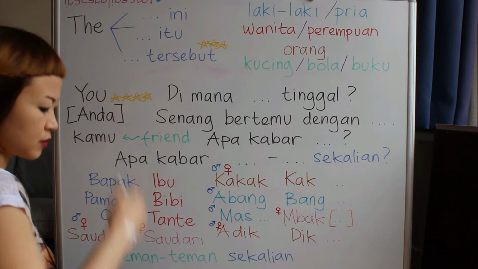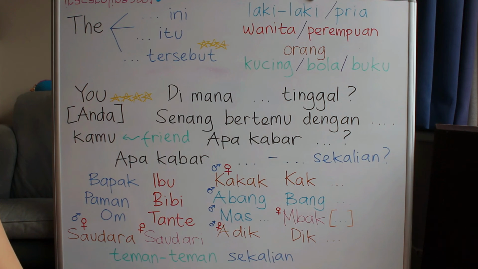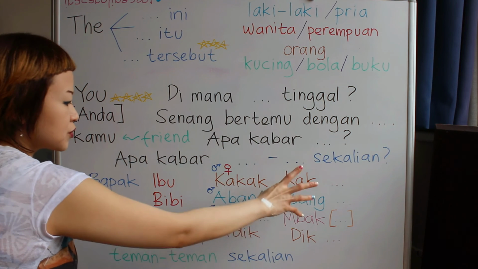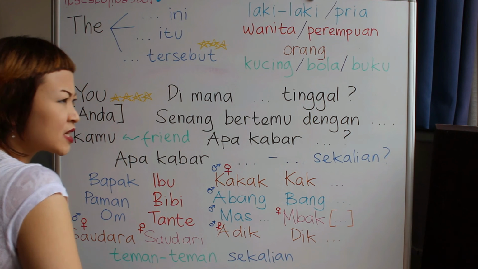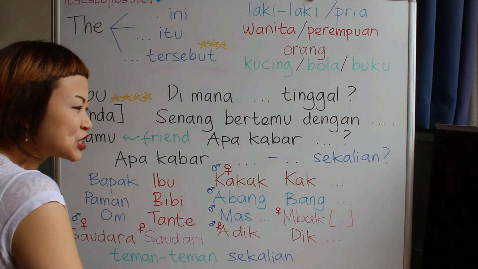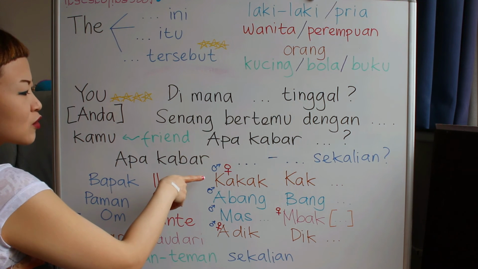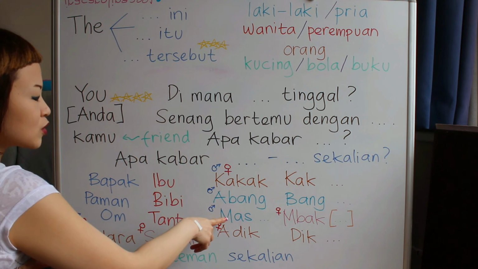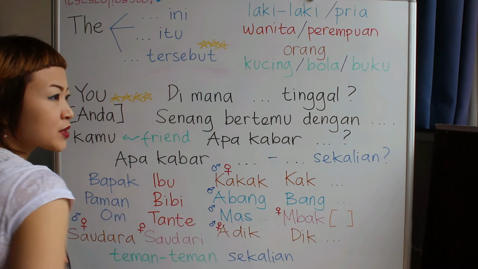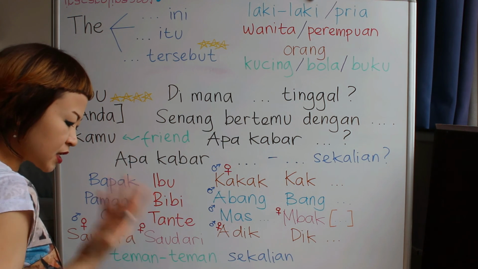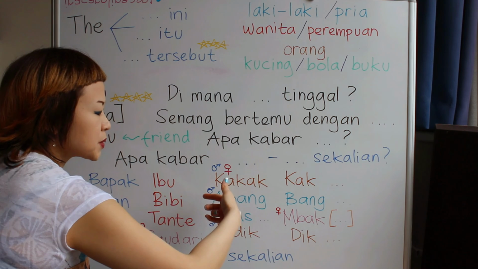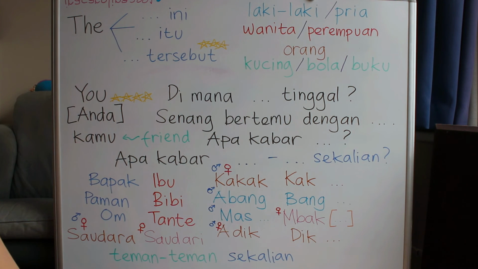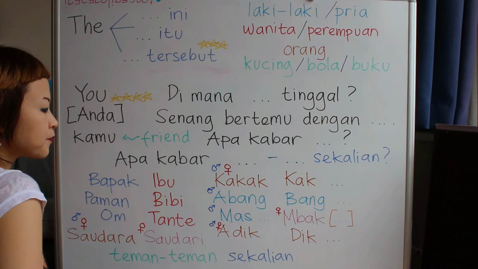We have to say that to show we respect. If you watch the previous video about family relations, it means older brother, older sister. Even though they are not our siblings, in Indonesian, when we call older people, we have to use this one, and this one if they're of a certain age.